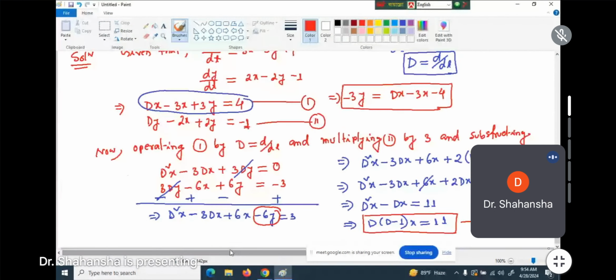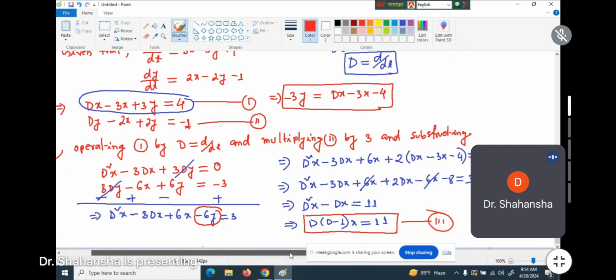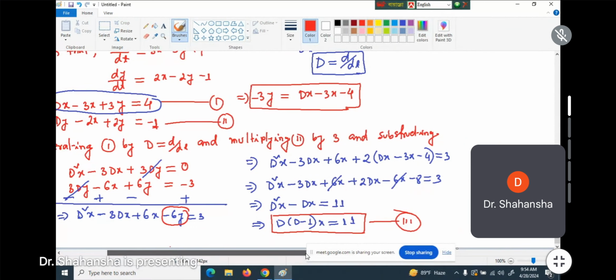So if you want to find x of t, you have to operate equation number 2. You have to eliminate the operator dx, so you operate number 2 and multiply 1 by 2. Am I right? Can I explain it again?